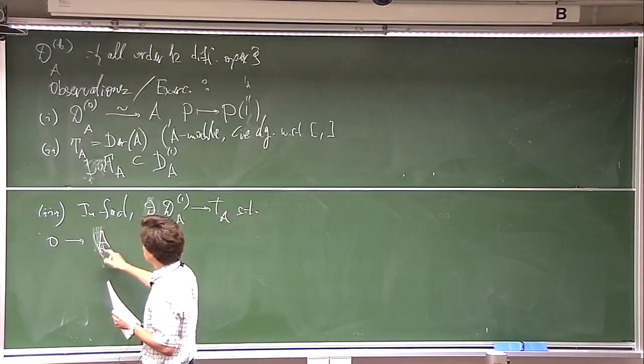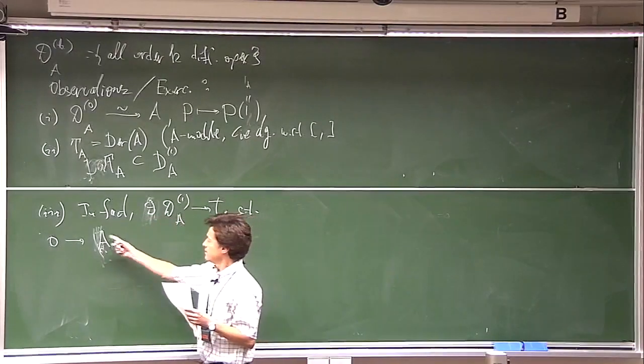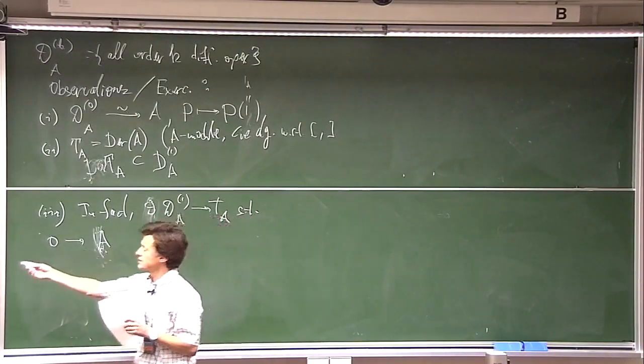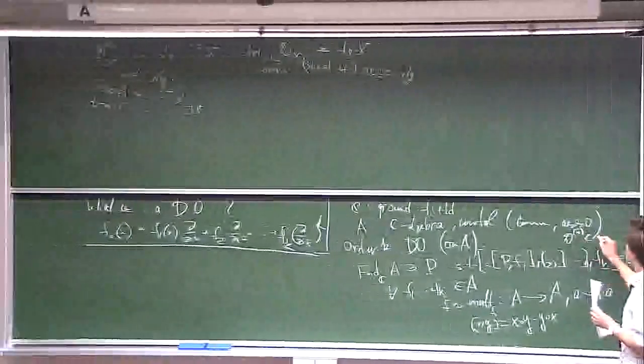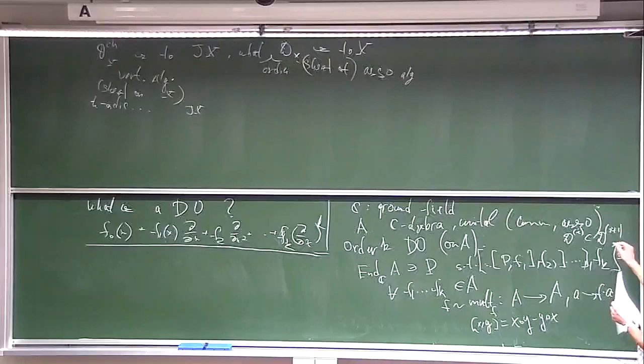A. As we discussed, A is D0. D0, this is an increasing filtration, of course. I forgot to mention it, but of course. So D0 lives inside D1. Hence this map.